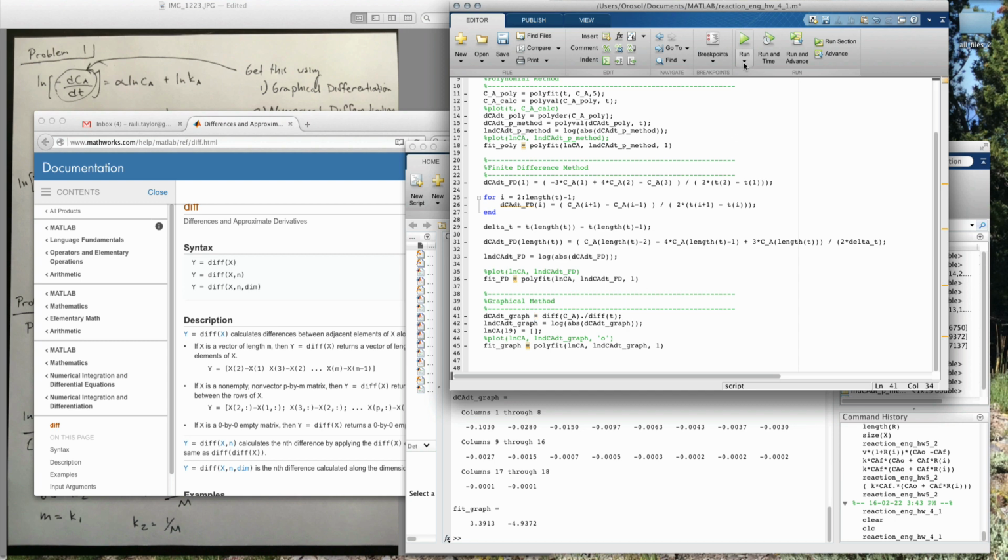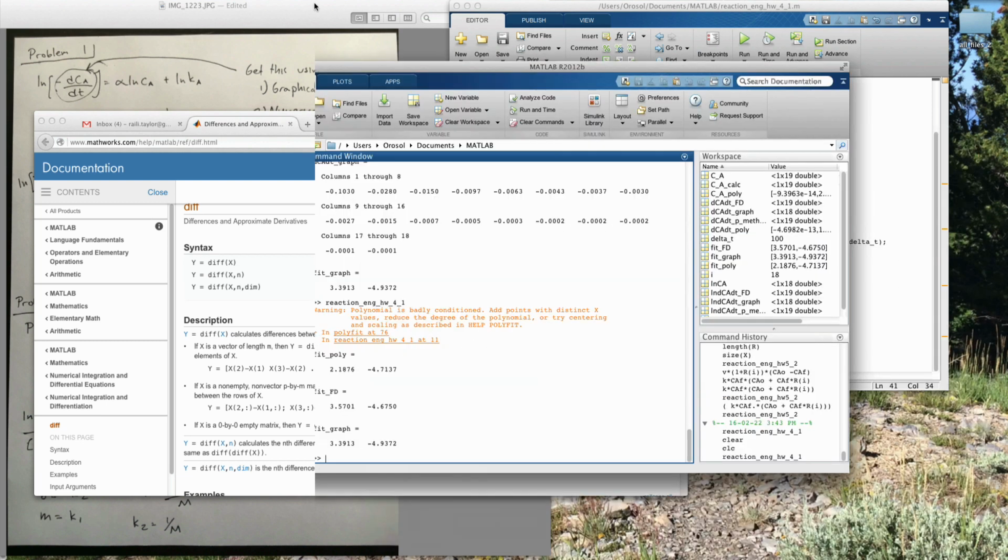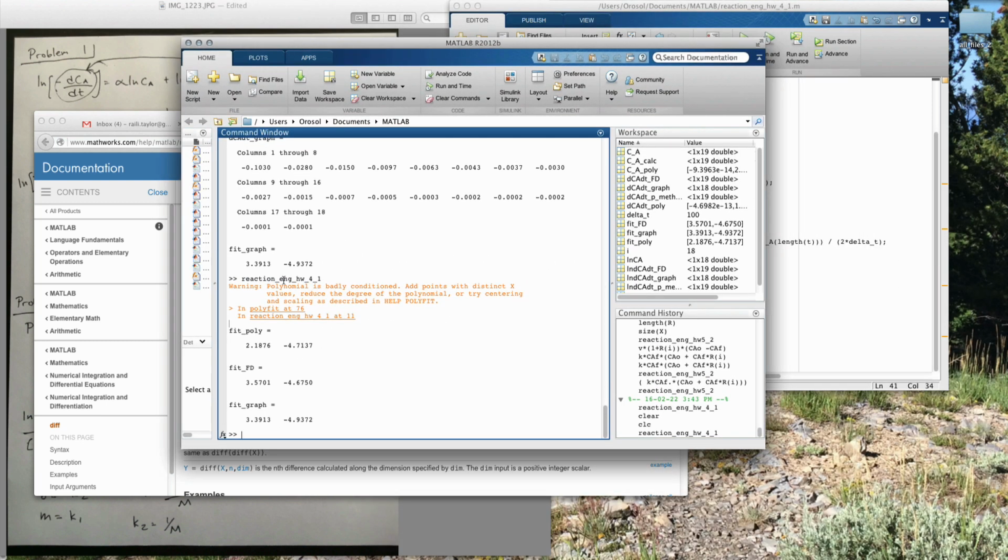So if I run this, I have all three of them here. You can see it's still showing the polynomial is badly conditioned, which I already know. And this is what I got for the three equations using the three methods.